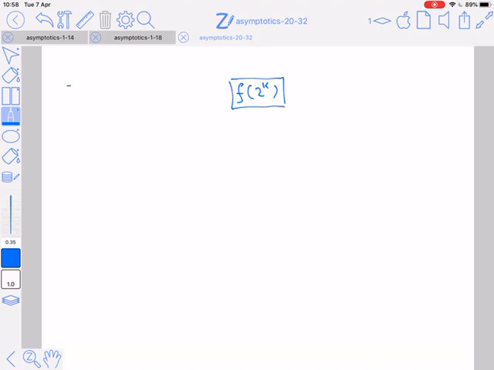Now we know that f of 2 to the k is 2 to the k plus f of 2 to the k minus 1. So let us call this term the penalty. And this part is the recursive value. Okay?